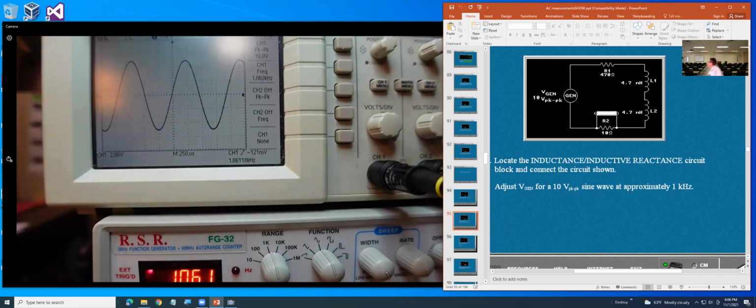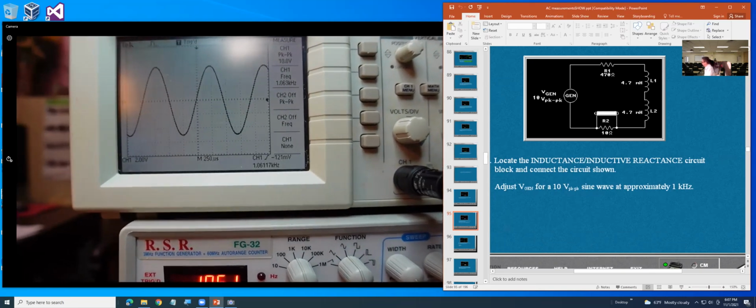So if you're looking on the oscilloscope, in channel 1 that will be 10 volt, and the frequency will be 1.0506 kilohertz. That's the only thing you need.